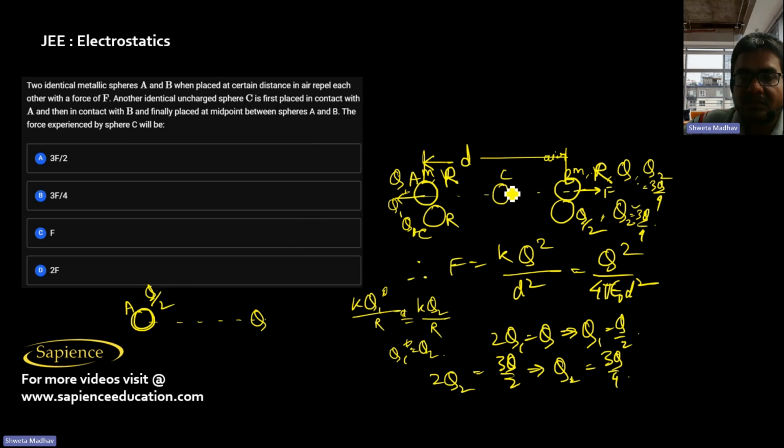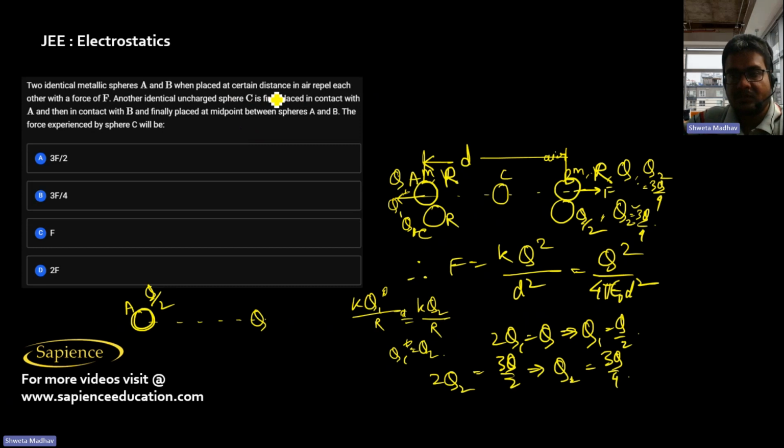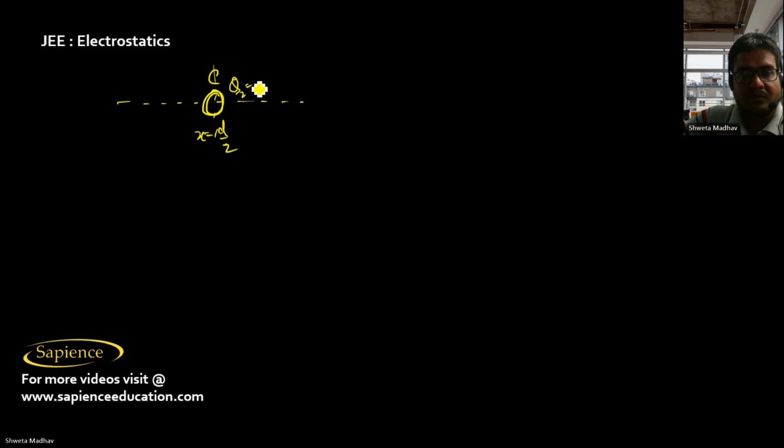Now it is placed at the midpoint of the spheres A and B. So now C is placed at the midpoint and it is kept at x equal to d by 2 meter and it is having charge 3Q by 4.